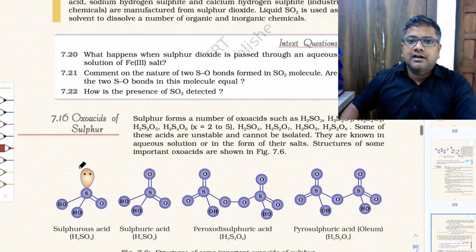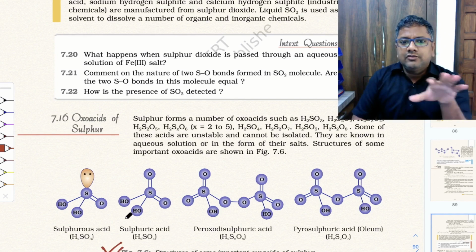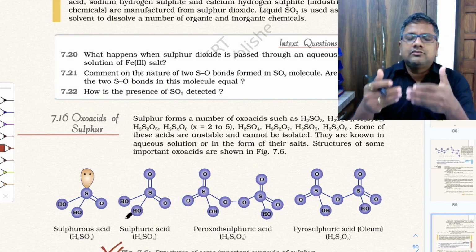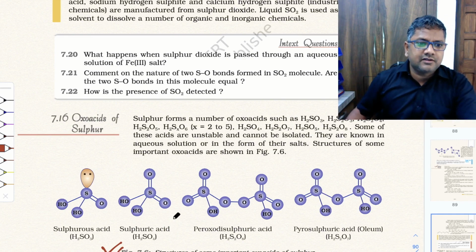And oxyacids of sulfur. See, oxyacids of sulfur only structure, right? See, structures of some important oxyacids of sulfur, this is only in your syllabus. No need to go through the preparation and properties of the oxyacids of sulfur, right?